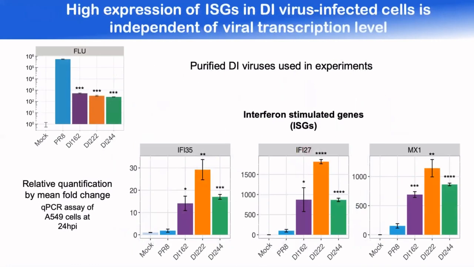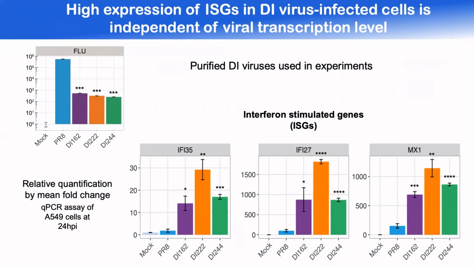We don't need the wild-type virus. And so we did these experiments where we looked specifically at the expression of ISGs in a culture where you would infect with pure DIs specifically, and you only look at one round of replication, so they can replicate on their own for one round because there's polymerase that's still around. They just can't go for a second round.